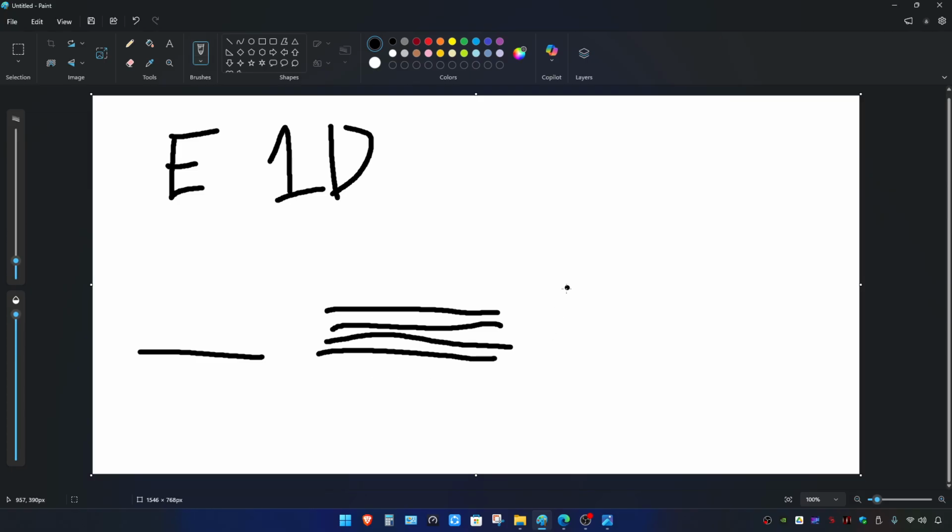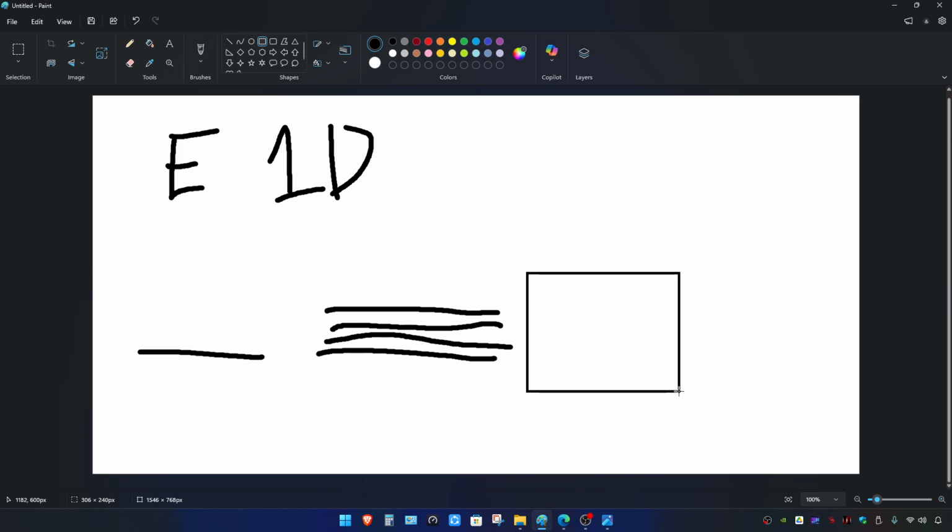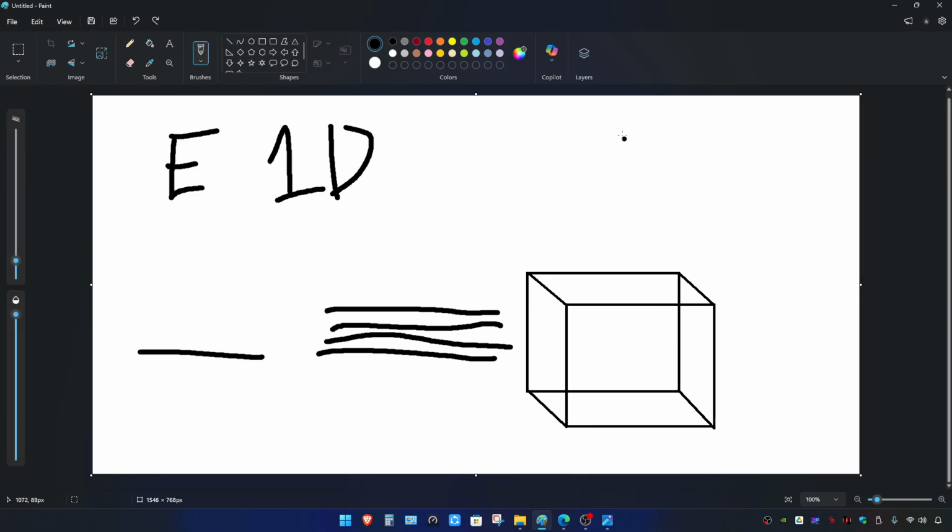And then if we want to make a box, we can make a box, okay, using a frame, and then put joints in between all of them, and it will eventually look like it is a 3D object.